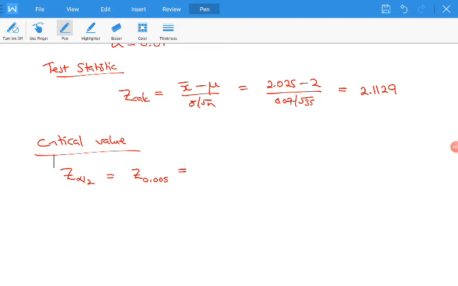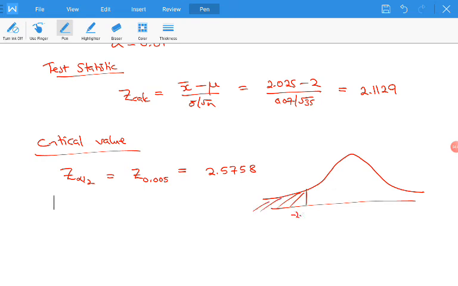So this is equal to 2.5758. Because it's a two-tailed test, we have two rejection regions.